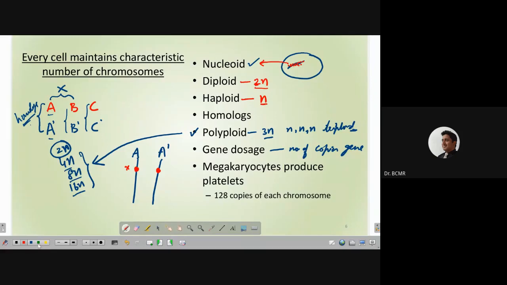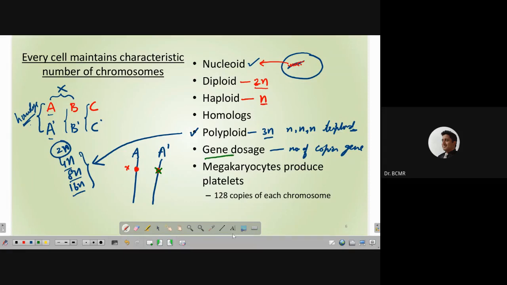But because of some genetic activity or mutation, it doesn't have this. Okay, so what is the gene dosage? It's only 1 copy of X. So when you're trying to figure out which are present and which are not present, you're talking about particular genes. So remember it as gene dosage.